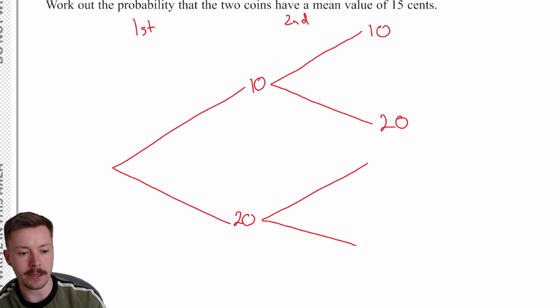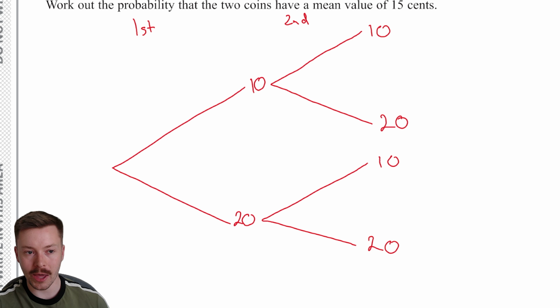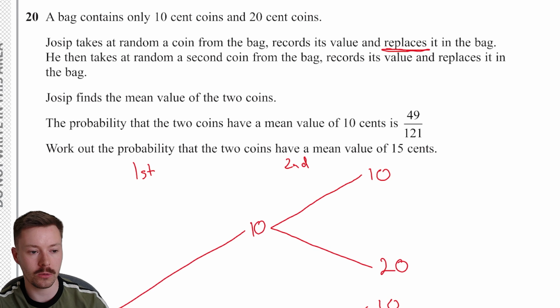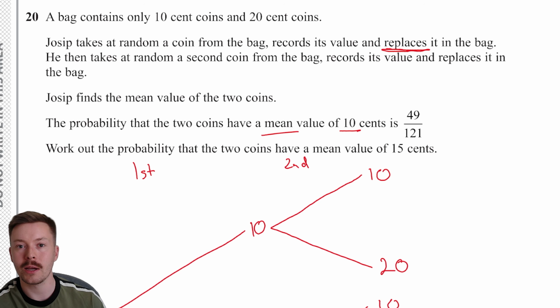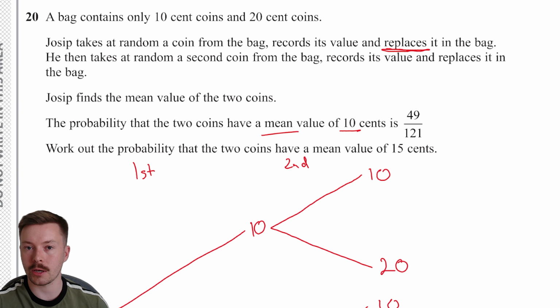Now, the only way of taking two coins out and then them having a mean value here of 10 is for both coins to have a value of 10. 10 add 10 divided by 2 is 10. If you had 10 and 20 and did the mean of them, 10 add 20 is 30, half of that's 15. 20 and 20, add together, half it, will give you a mean of 20.